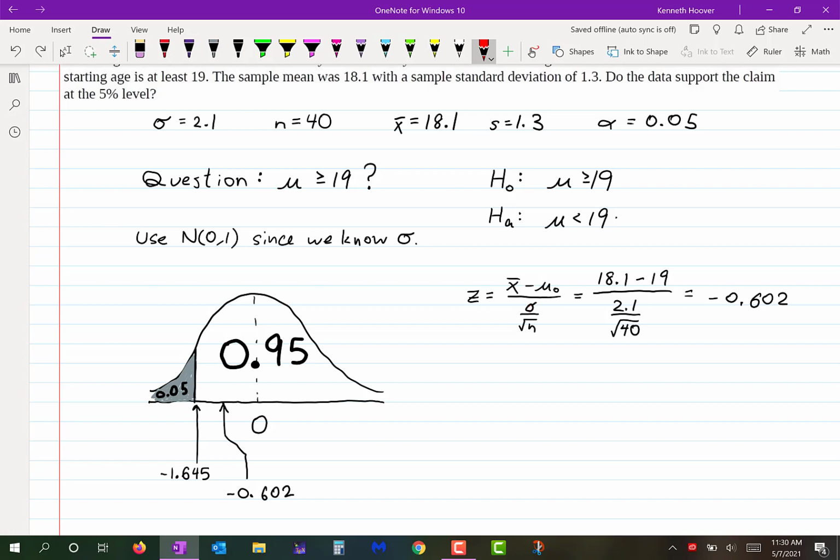All right, so is that in the zone that would favor the alternative hypothesis, or should we keep the null hypothesis? Well, it's not in the tail, so that does not favor the alternative hypothesis. So we reject the alternative hypothesis.